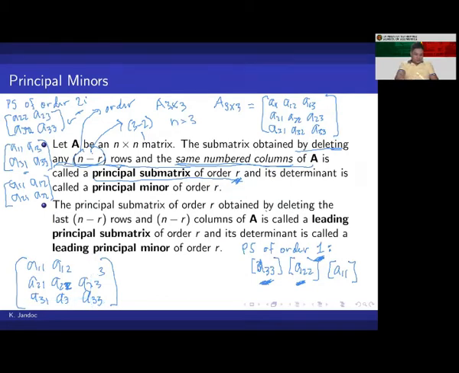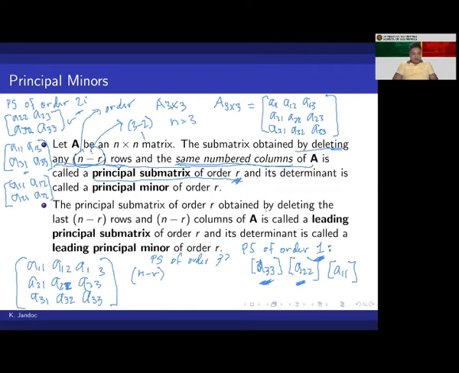Okay, great. Now the question is, what is the principal submatrix of order 3? This is the last one. According to the definition, we should delete n minus r same numbered rows and columns.